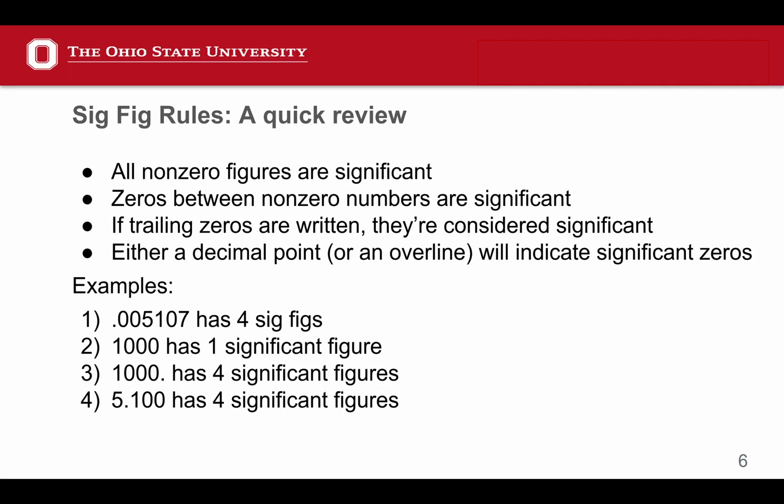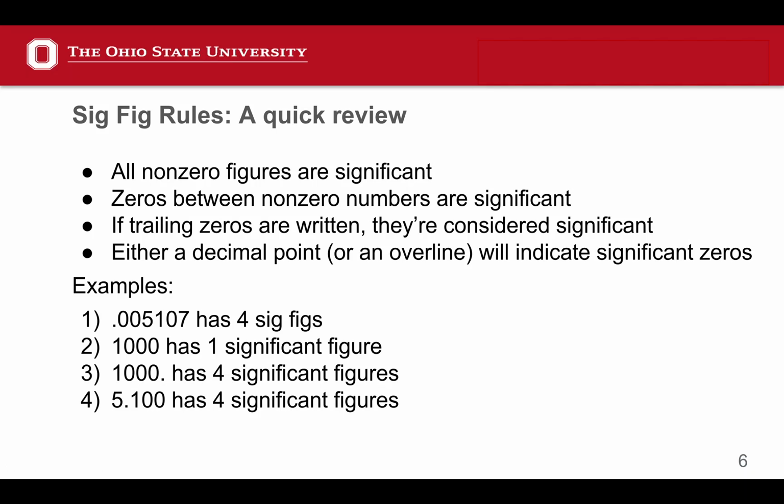If zeros are explicitly written following the non-zero value, specifically to the right of a decimal point, those zeros are also considered significant. You can see that down here in example number 4. Same thing goes with zeros to the left of a written decimal point, like in number 3. So we don't have a decimal point in number 2 here, so it's just read to be one significant figure, whereas in number 3, all of these zeros are significant.